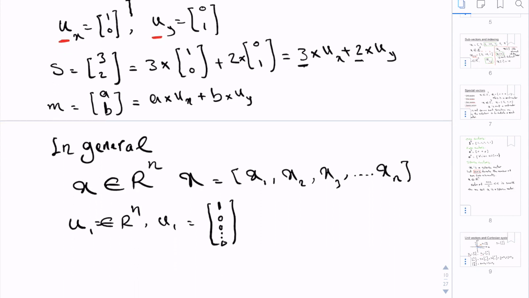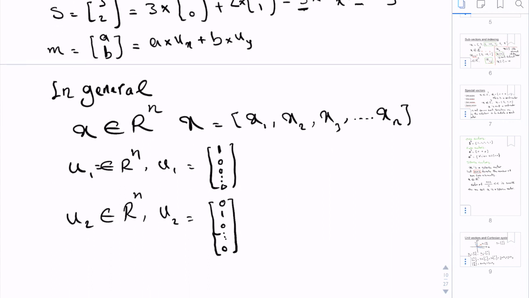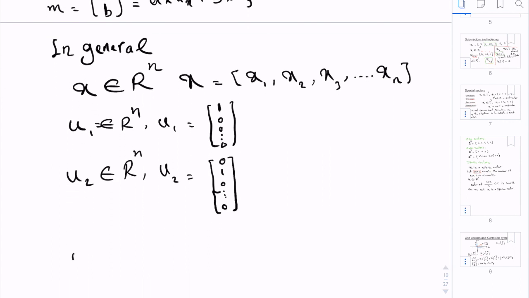Also I can define u2 that belongs to Rn again, and u2 is this vector where the second element is 1 and all other elements are 0. And then I can define un, the last one, also belonging to Rn, and un is a vector where all elements are 0 except the last one. These are the unit vectors in this general space of n-dimensional vectors, which we cannot visualize.